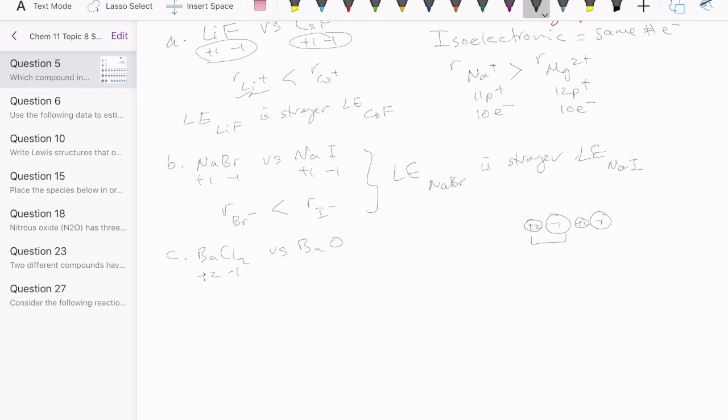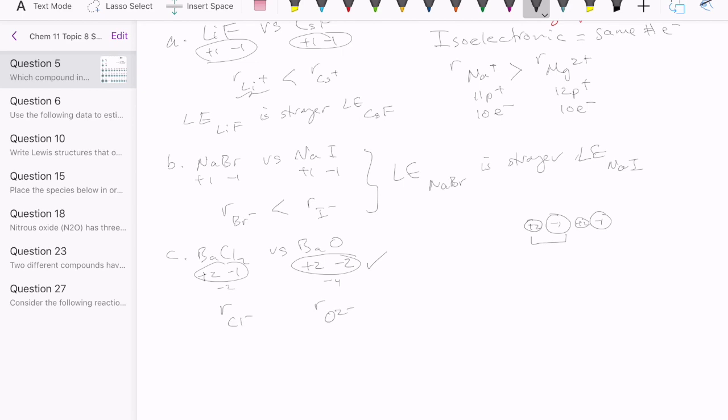So +2, -1. The barium here is +2. The oxide is -2. So in this case, there's a difference in the charges. On one side you get -2, the other side you get -4 when you multiply. So this is a stronger interaction. Okay, so I'll put a check mark there. And then let's look at sizes. So barium is the same for both, so that's not going to affect size. But chloride and oxide, we should compare those two.